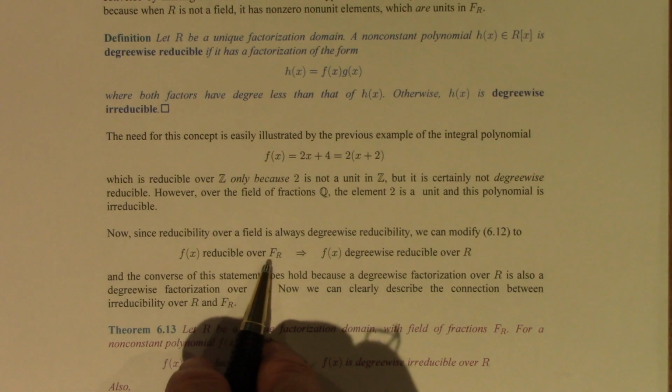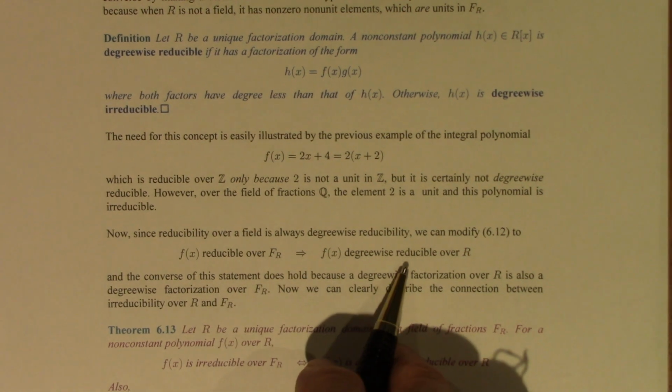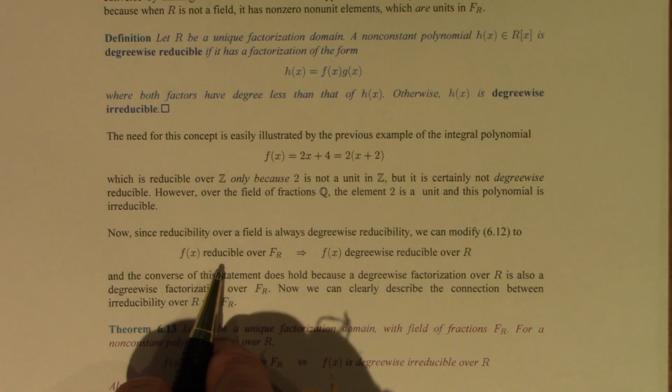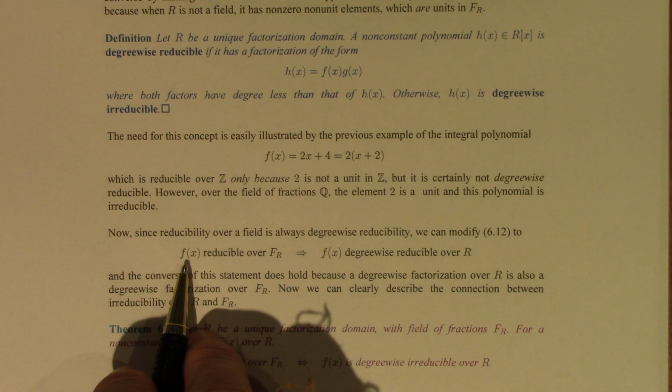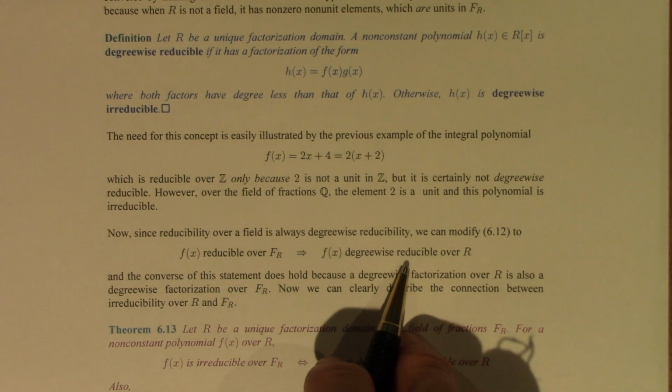We factor it over F sub R. Content shifting will give us a factorization over R. But the factorization over F sub R was non-trivial, which means the factors have smaller degree than f. Therefore, what we have done in this factorization over R after the content shifting, because it doesn't change degrees, is produce a degree-wise factorization.